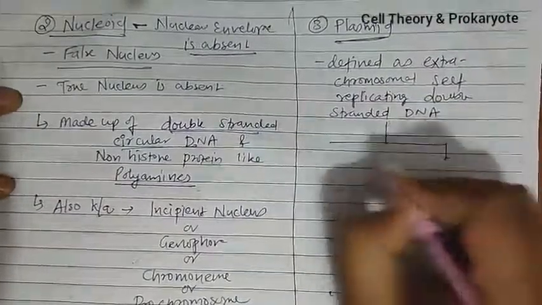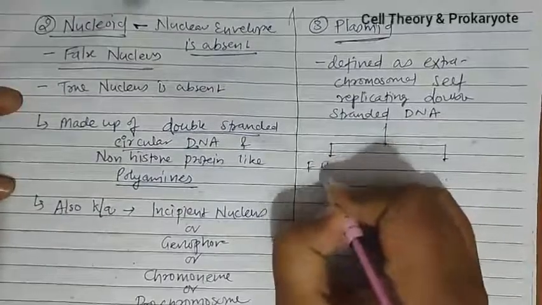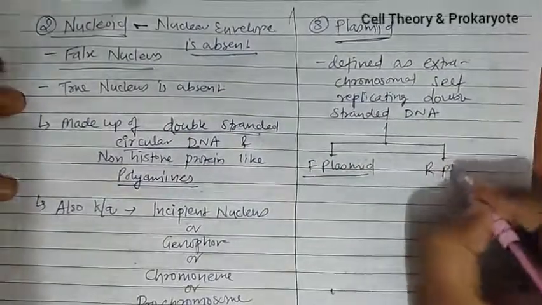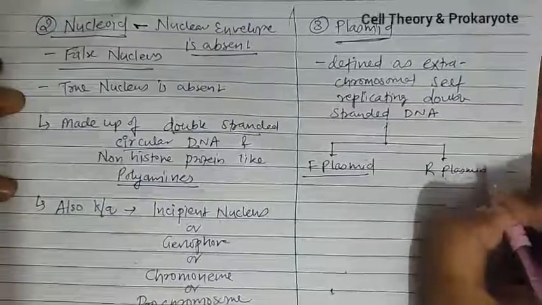is of two types, that is F plasmid and R plasmid.